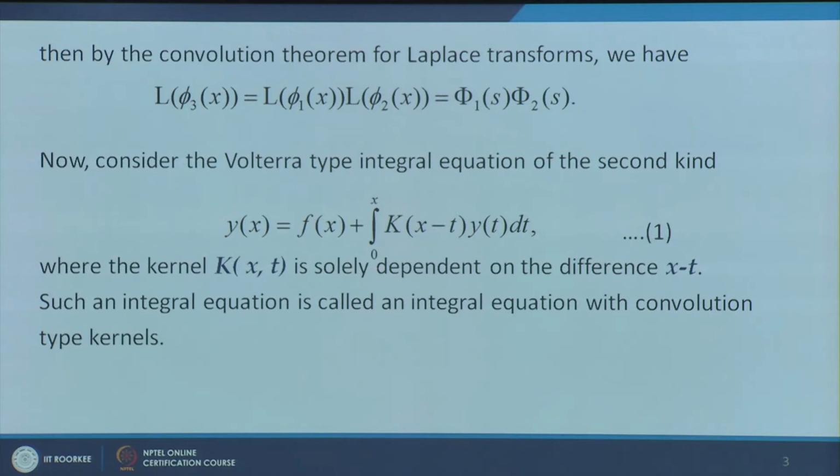Let us see how we can solve such an integral equation. Such an integral equation where the kernel k(x,t) is solely dependent on the difference of the arguments x and t, that is x minus t, is called an integral equation with convolution type kernels.